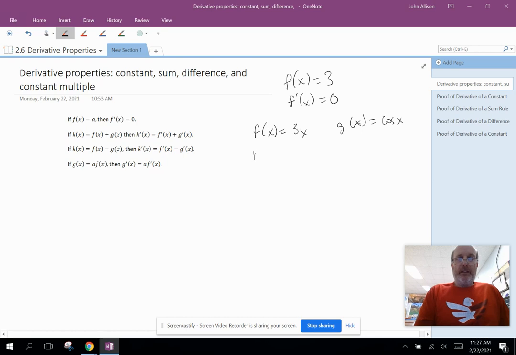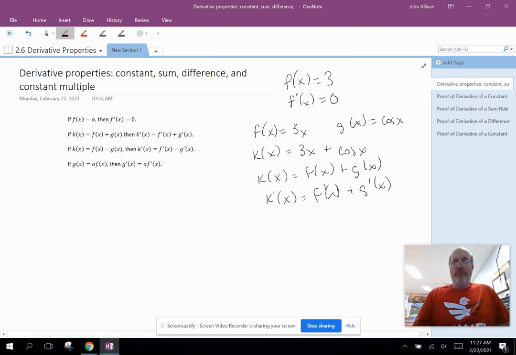Then let's say k of x equals 3x plus cosine x, then k of x is equal to f of x plus g of x, and k prime of x is equal to f prime of x plus g prime of x, the derivative of f of x plus the derivative of g of x.